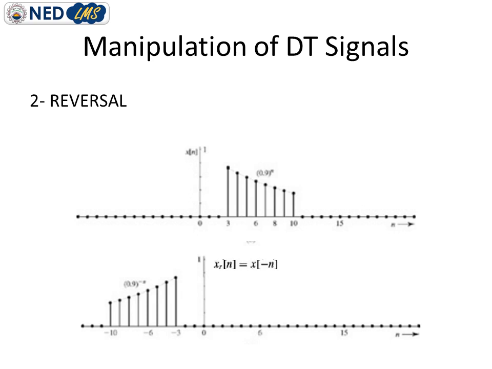We rotate x of n about the vertical axis to obtain the time reversed signal x of minus n. As shown in figure 2, the first signal is x of n and the second signal is the reversed version of the original signal, which is x of minus n.